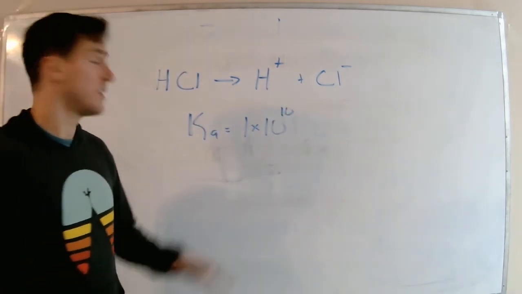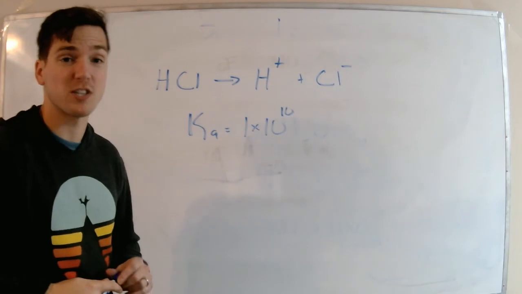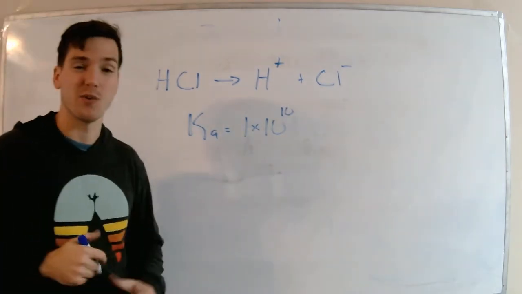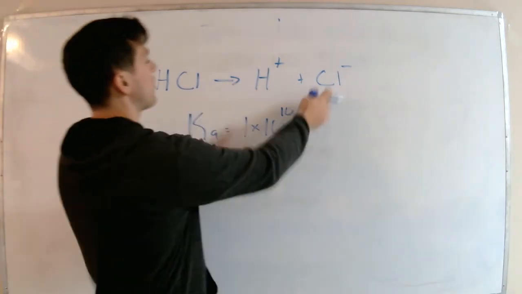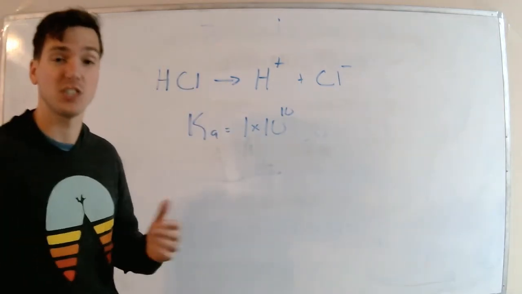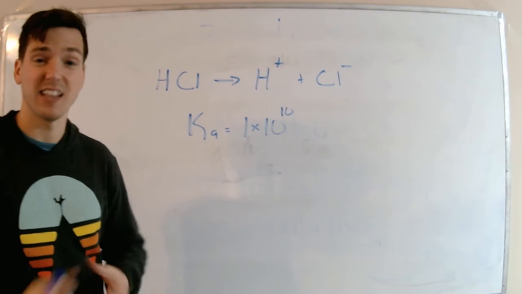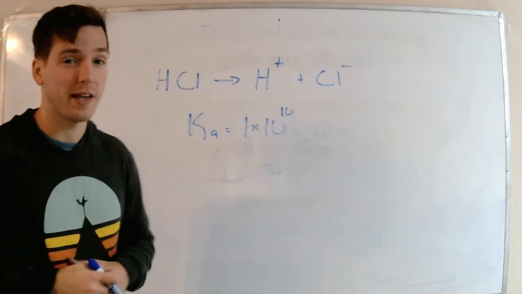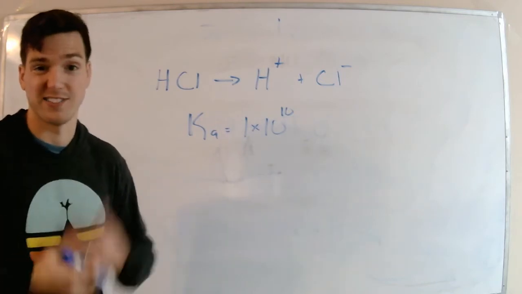Okay? This has an equilibrium expression much greater than 1, which means that HCl is going to dissociate a whole lot into H+ and Cl-. That's what makes HCl a strong acid. It likes to break down into its ions and eat away at other ions, such as your skin.